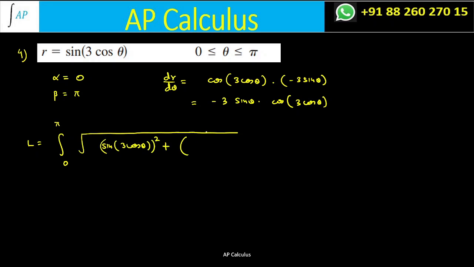If you do the squaring of this, let it be as it is: minus 3 sin theta and cosine of 3 cos theta whole squared. So the same expression you have to put in the calculator. When we calculate it, the answer comes out to be 4.388. That is going to be the final answer for the length of the arc. This is a simple calculator based question.